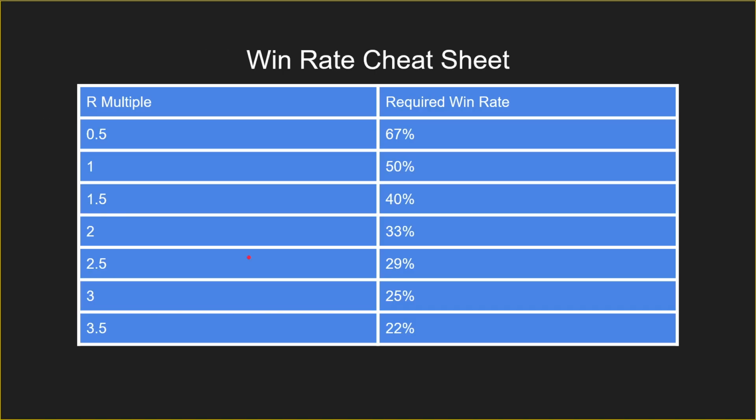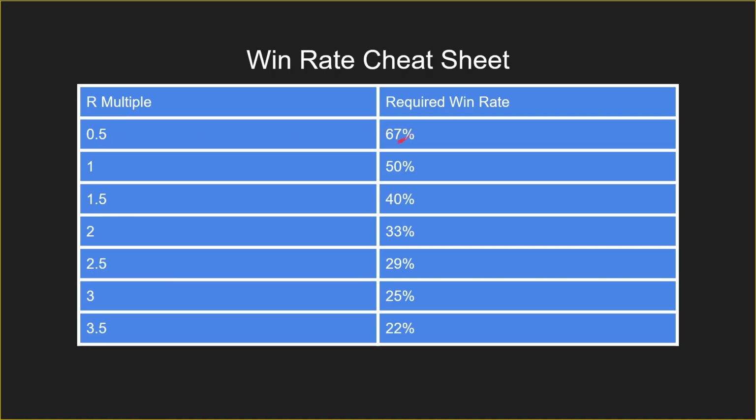Now, in order to quickly go through these win rates, in case you want to figure out what kind of win rate you need to have in order to be profitable, here is a win rate cheat sheet in case you don't want to do the math on every single R multiple or risk multiple. So here we see multiples of 0.5.